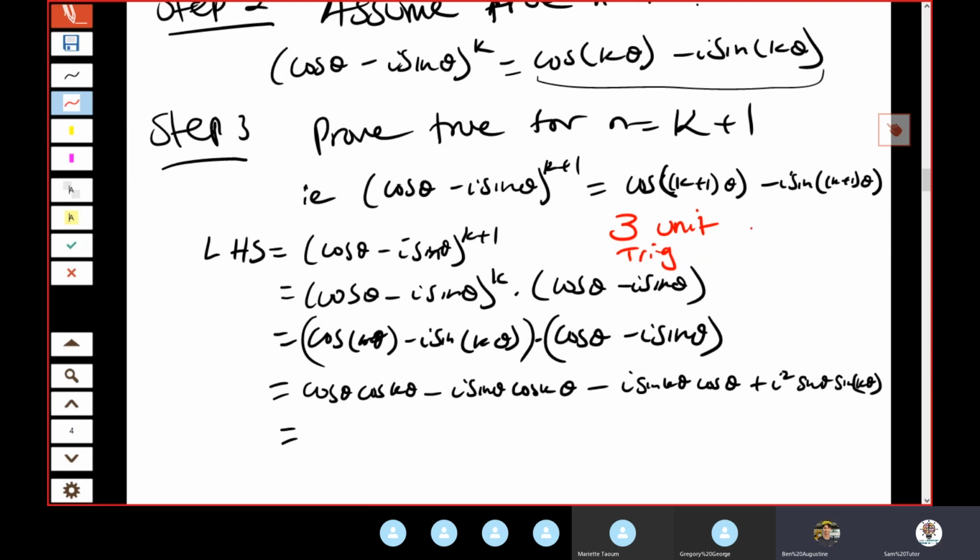Bingo! It is that one. What's cos A plus B then? Cos A plus B is cos A cos B minus sine A sine B. Right? And there it is. Because when you expand this, isn't this k theta plus theta? Where A is k theta and B is theta.